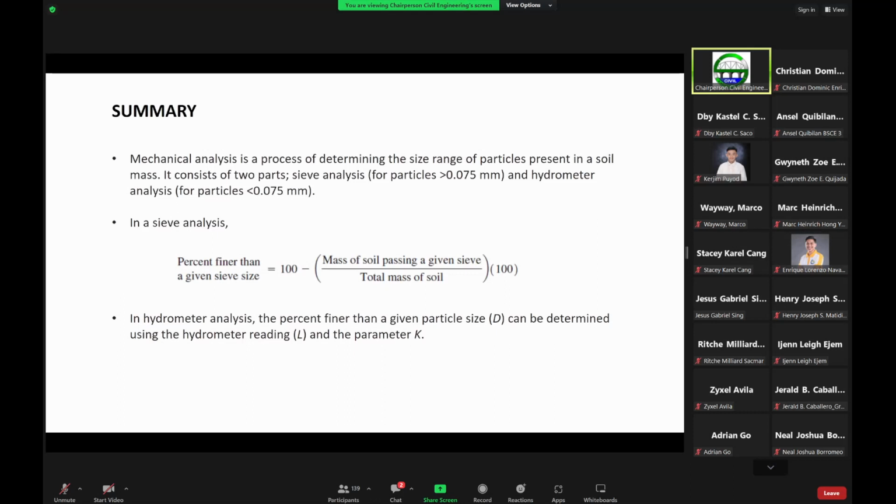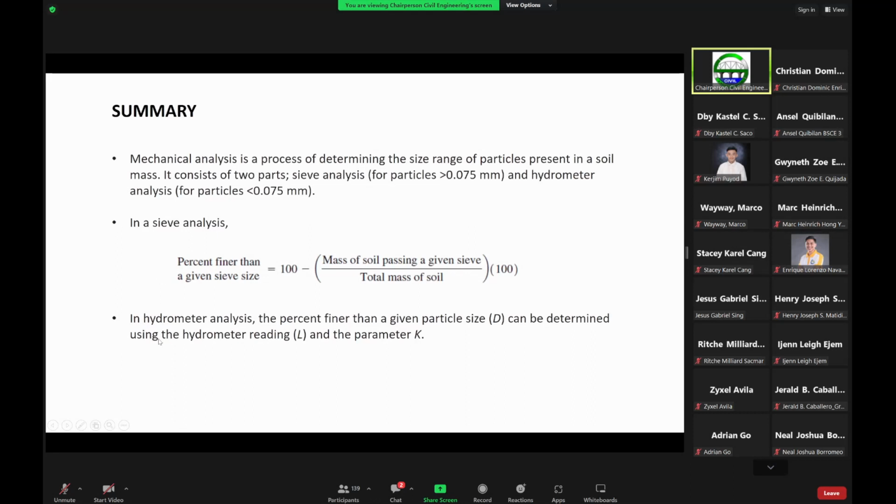Mechanical analysis is a process of determining the size range of particles present in a soil mass. It consists of two parts: the sieve analysis for particles greater than 0.075 and the hydrometer analysis for particles less than 0.075. This is now the general formula for the case of the sieve analysis.